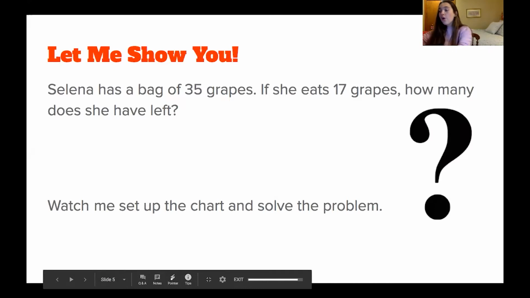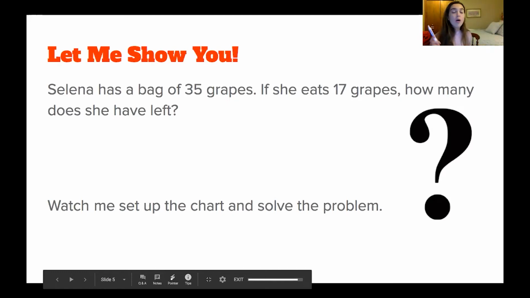All right, so I'm going to draw that out and represent that on my chart. So when we hear the number 35, let's think, how many tens are in the number 35? Well, let's see. 10, 20, 30. Okay, so we have 3 groups of 10. So what I'm going to do is represent that by just drawing 3 dots in there. And we know that if it is in the tens column, that represents a group of 10.